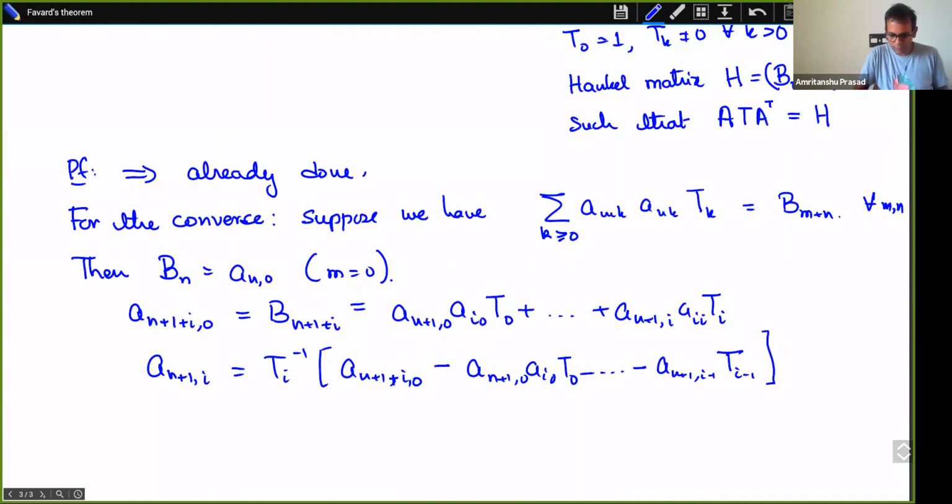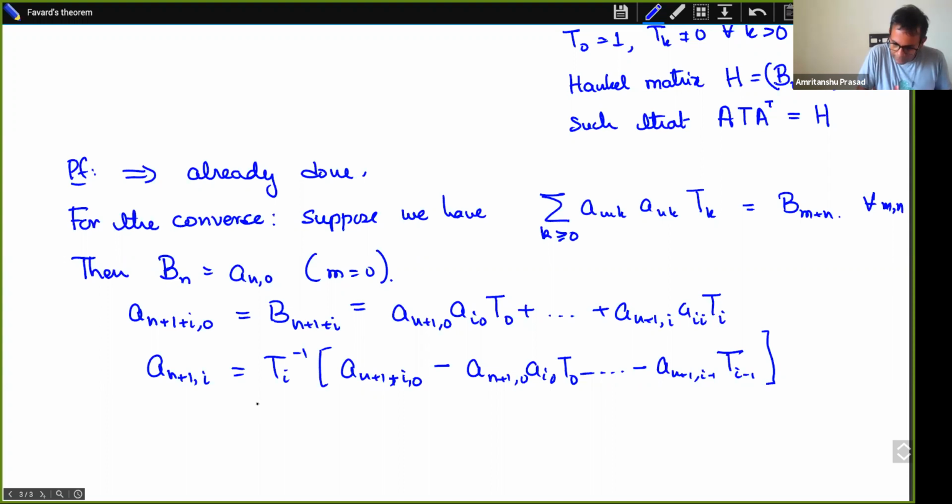Okay, and it doesn't matter much what this is. The point is you can always solve for A. So given this situation, you can always solve for A and find your matrix A, and then you can obtain sigma and tau also using this.